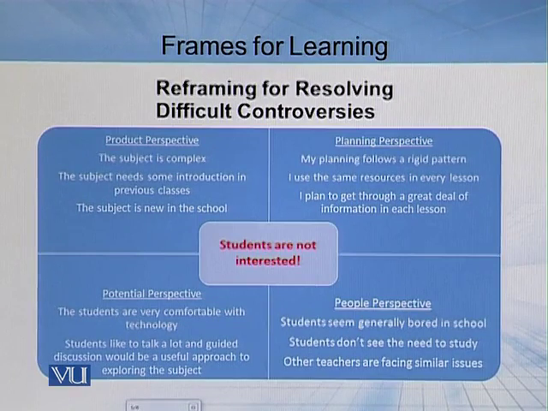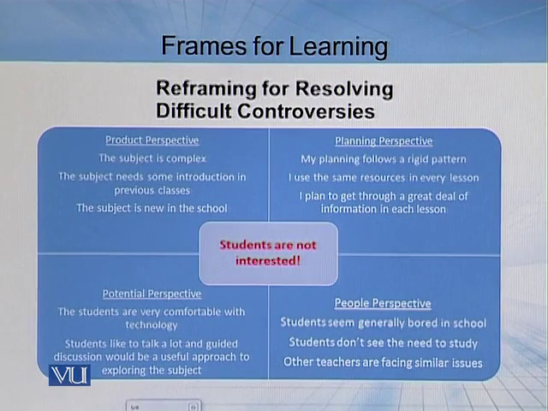By looking at the problem from a people perspective, we can actually start to understand the problem from other people's point of view, from our students' point of view. And for example, it might be that the students don't actually see the need for certain aspects of a subject in terms of their future goals or indeed their future life.